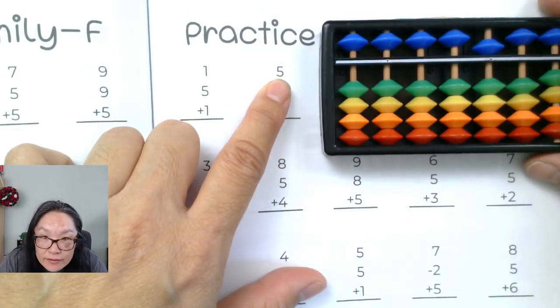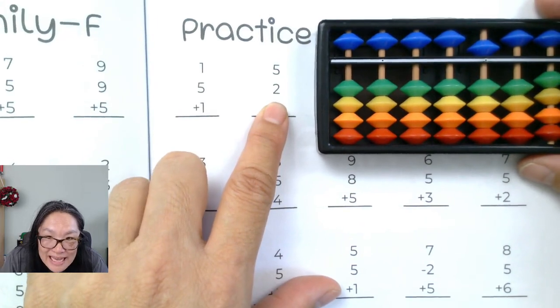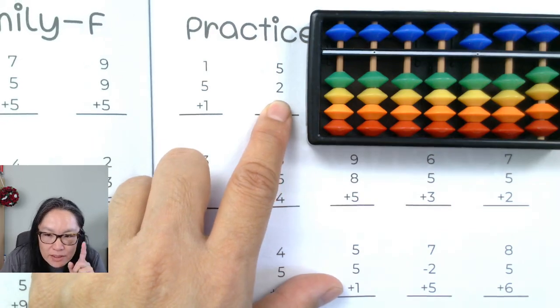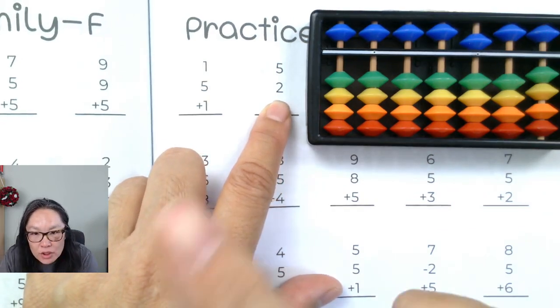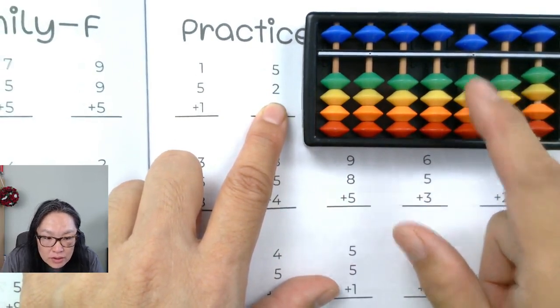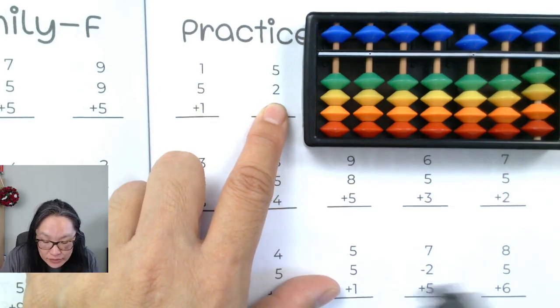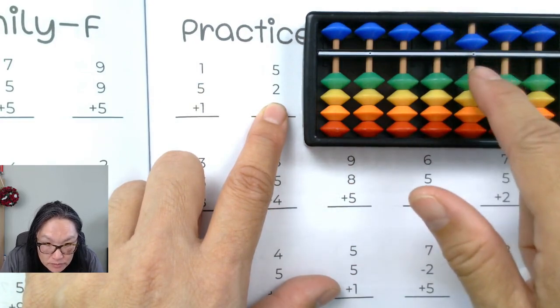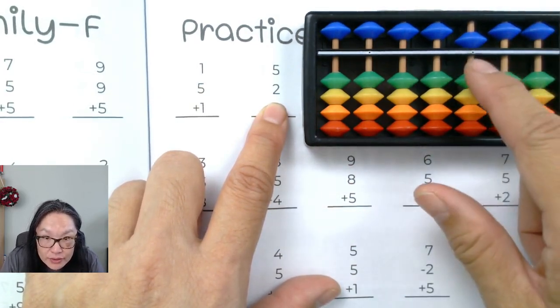We add the 5. My next number, right? It's not always the bottom number. It's the number that we're adding to. So can I add a 2 here? No, I can't add a 2. How do I add a 2?